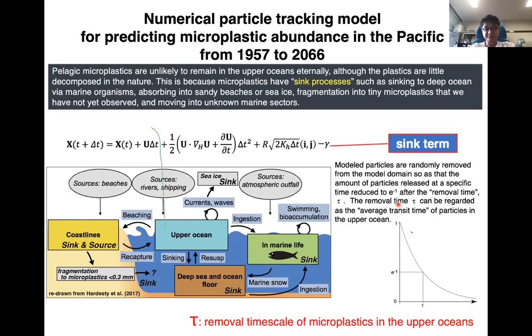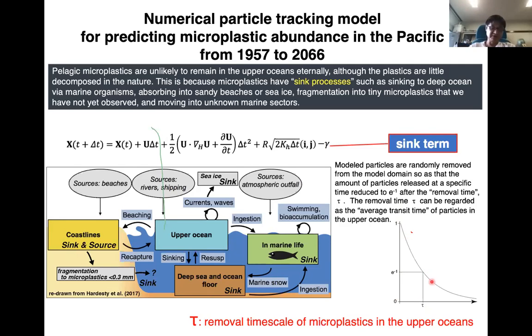The sink term is very simple in this model. We set the time scale of tau years, and after tau years, the generated number of the microplastic is reduced by e-folding.